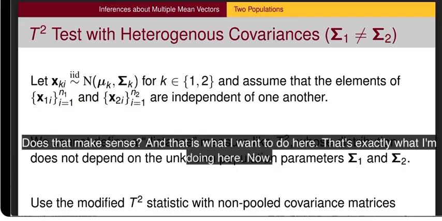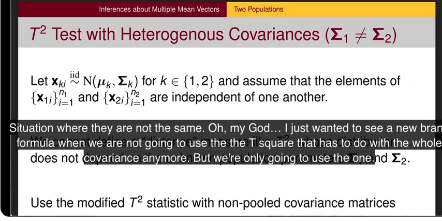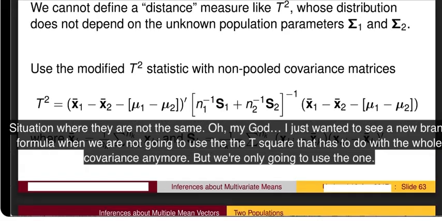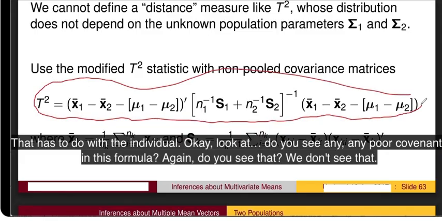That's exactly what I'm doing here. In a situation where they are not the same, I need a new formula. We're not going to use the T squared that has to do with the pooled covariance anymore, but we're only going to use the one that has to do with the individual covariances.